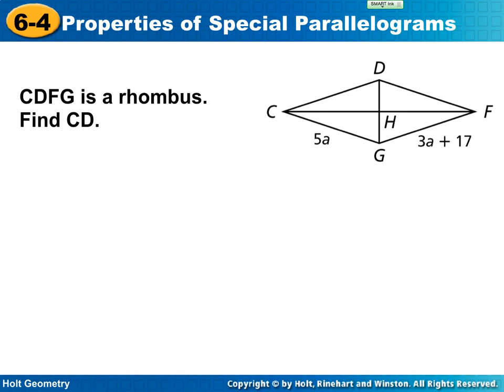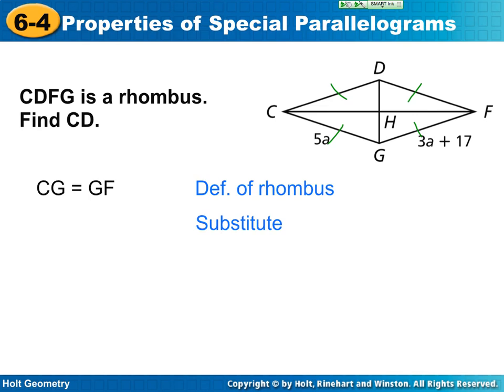So how do you find the length of CD? Well, it's a rhombus, so that means CD is the same length as CG or FG. All sides are congruent in a rhombus. So set 5a and 3a plus 17 equal to each other.